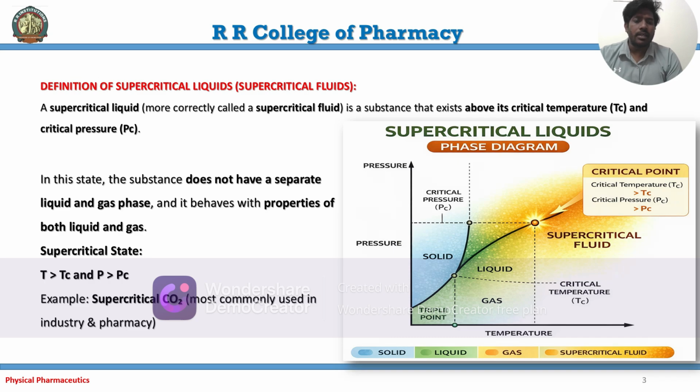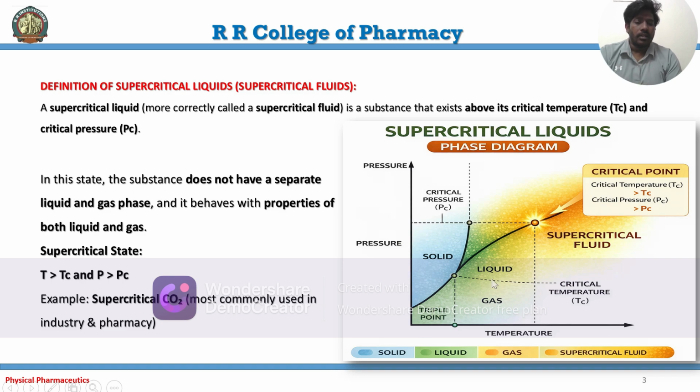You can see the phase diagram of the supercritical liquids. The x-axis is temperature, the y-axis represents the pressure. The left side of this blue line represents the solid phase.